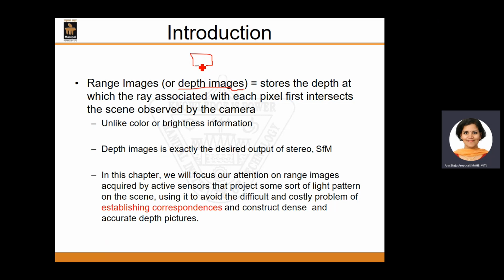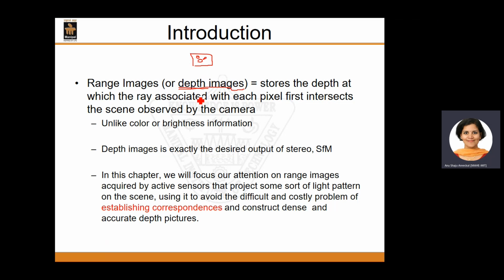In the case of depth images, it is not the intensity values or brightness levels which are being captured. Rather, you're trying to find out the relative depth between different objects present in the image. Depending upon the depth, different values are assigned to different pixels in the image.